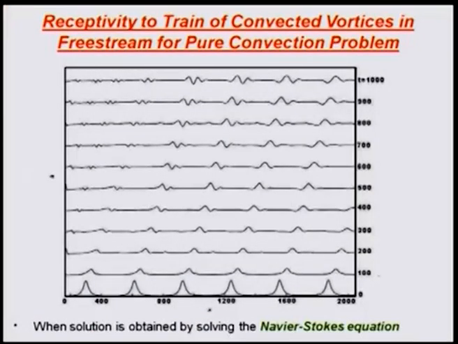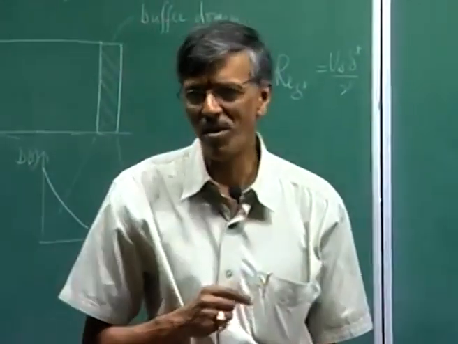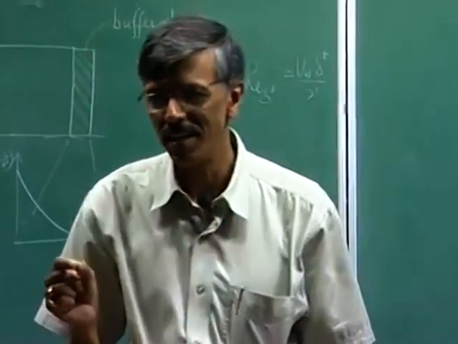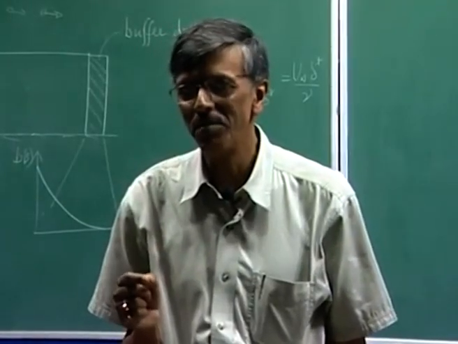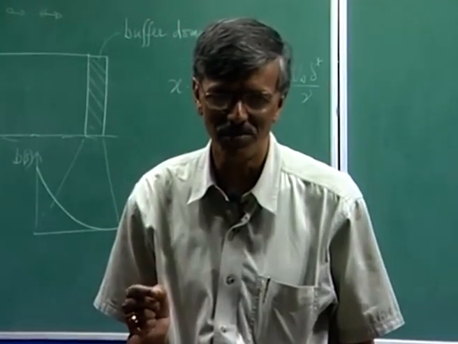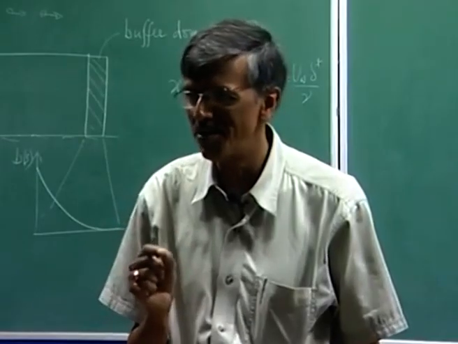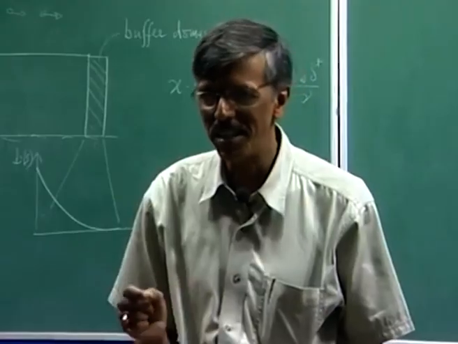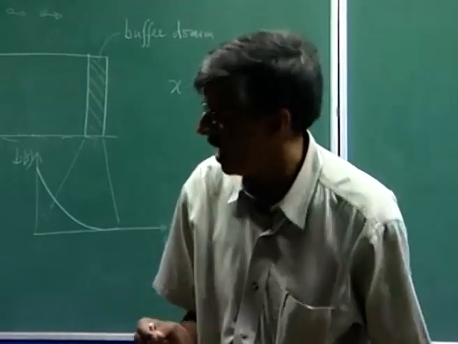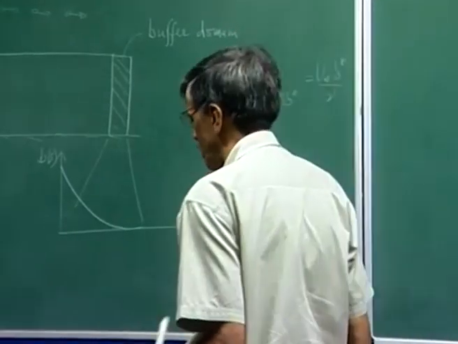So, this is a very interesting thing. You have created a perfectly steady excitation, and what you are seeing is a typically unsteady solution. So, this is one way of creating unsteadiness in a flow by a steady disturbance field. That is one thing you see.